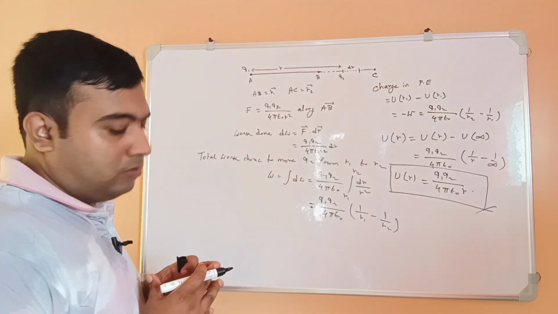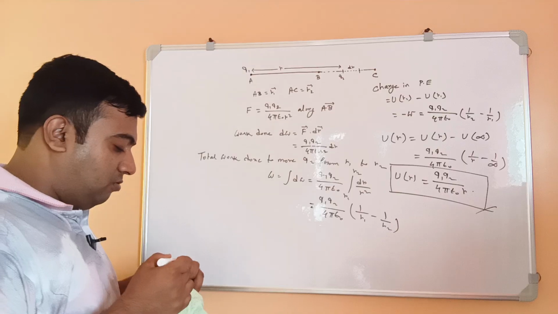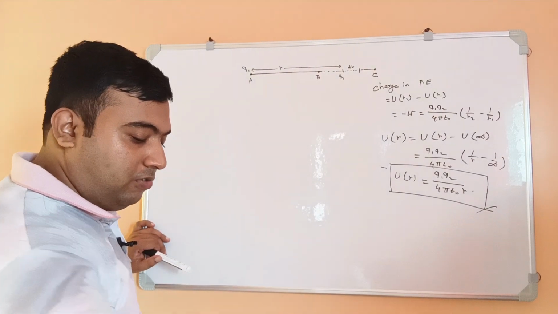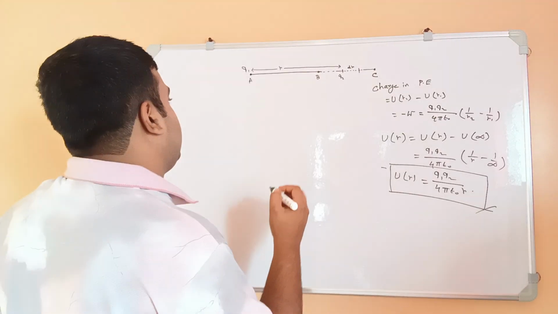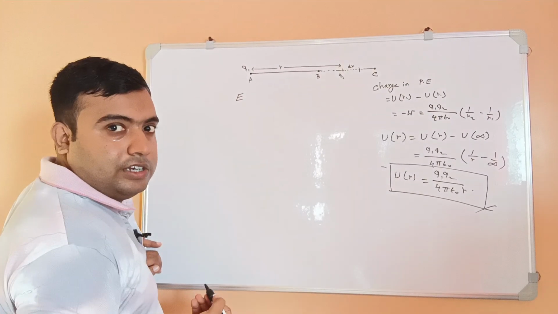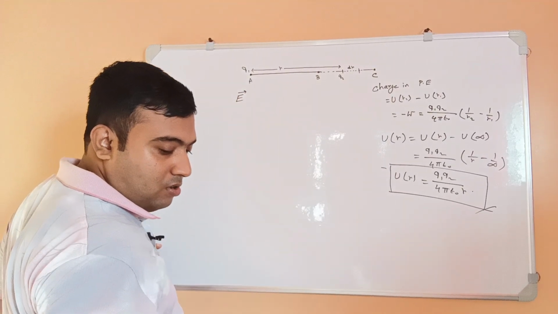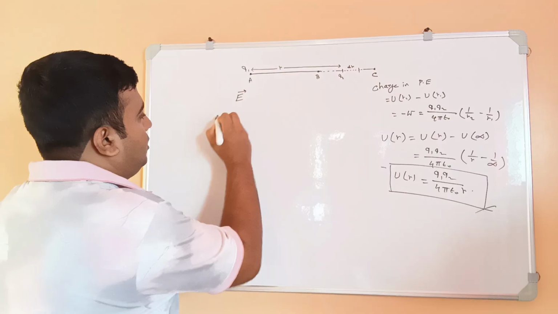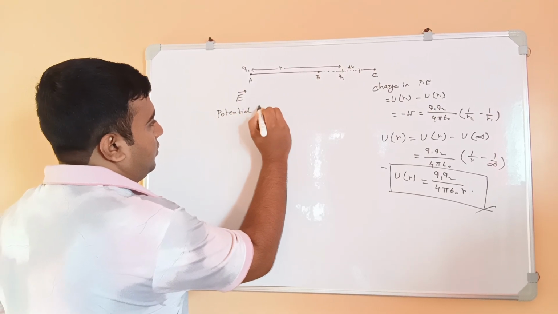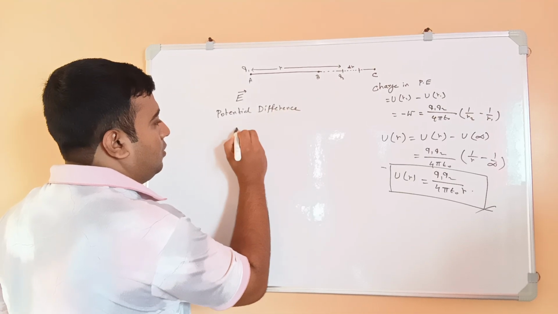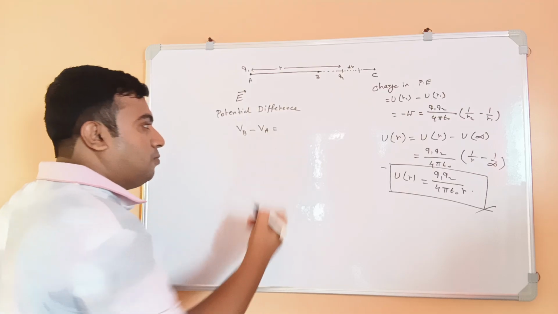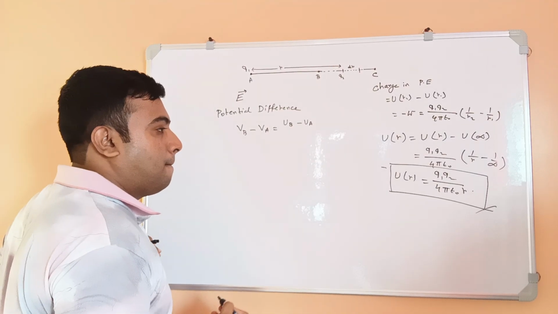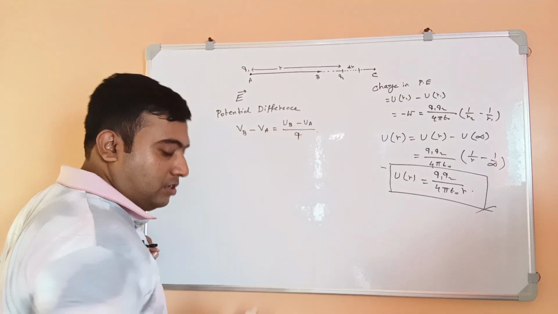Now again we consider a test charge small q moving along an electric field E. If the test charge q is moving from one point to another, the potential difference VB minus VA will be the potential energy difference UB minus UA between the two points divided by the charge.